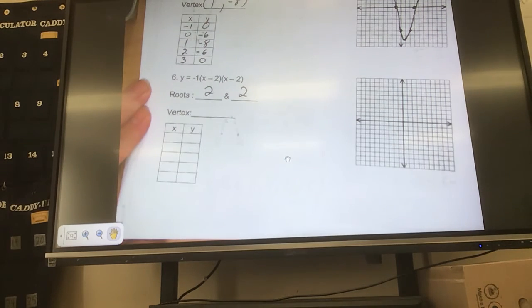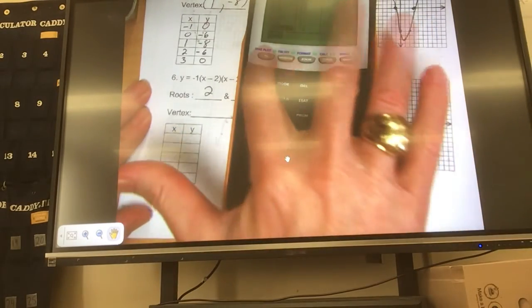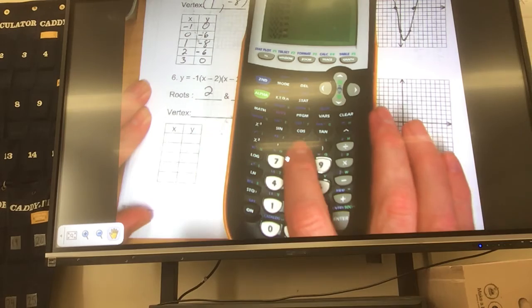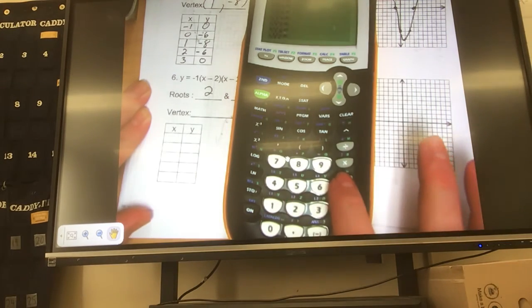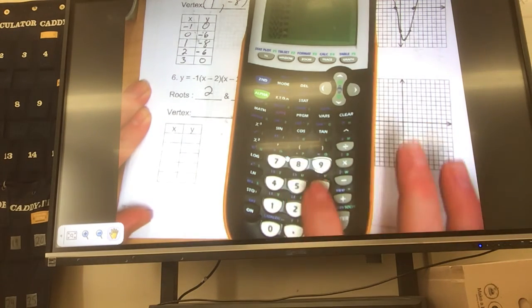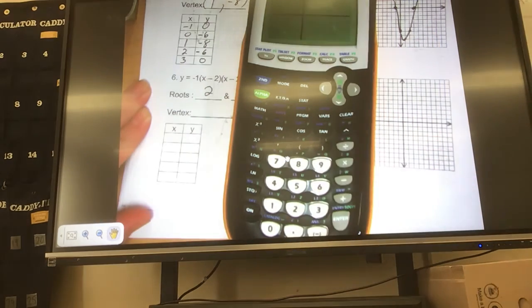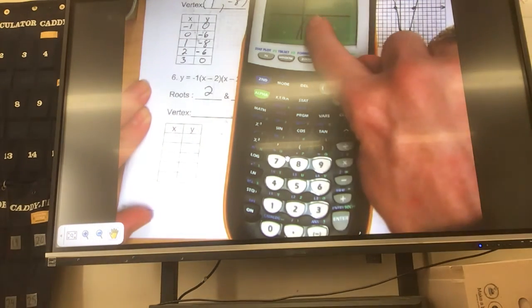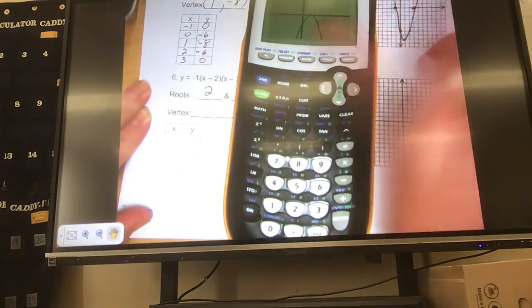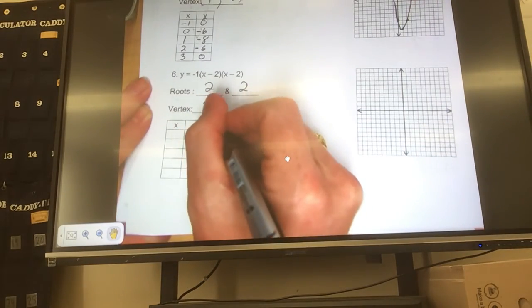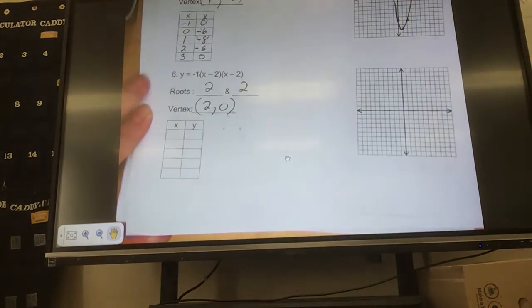Okay, so here we go. Let's do this dance. We go clear, negative 1, parentheses, x minus 2, close them, open them, x minus 2 again, close them, graph it. Sure enough, it opens down. My root is at 2. It's touching right here at 2, which means that that also must be my vertex, which is over to 0 if it touched the x-axis.